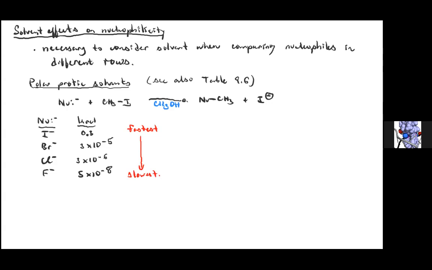Like I said before, when the same atom is attacking carbon, we can just look to pKa's. But that argument doesn't hold up here. If you consider the pKa's of the conjugate acid, you have -10, -8, -6, and 3.2.